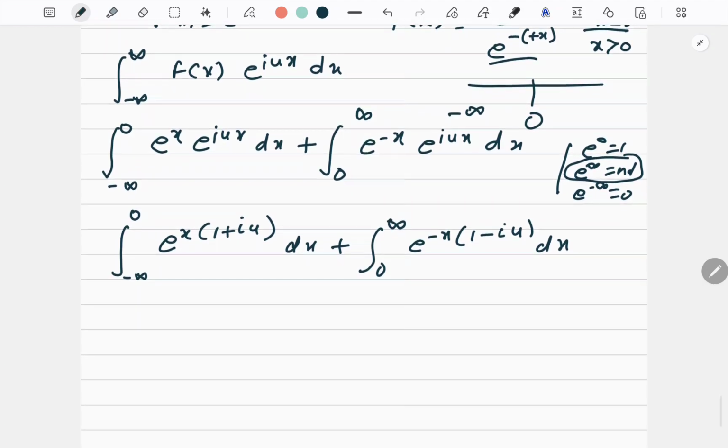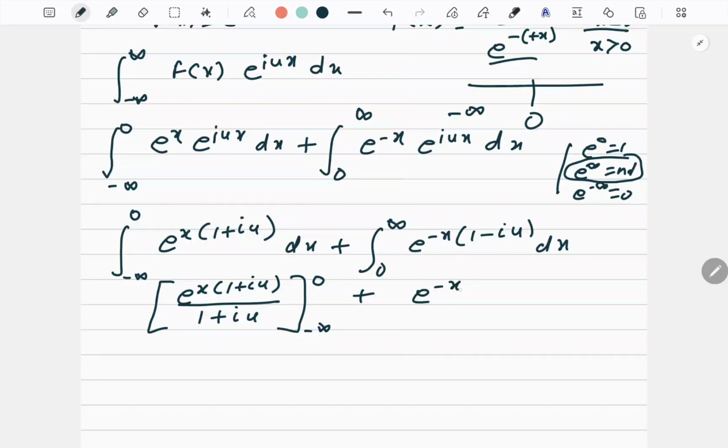Now let's solve it. If I integrate this, the same way the other will be e to the power minus x(1 minus iu), 0 to infinity. Now let us apply the limit.